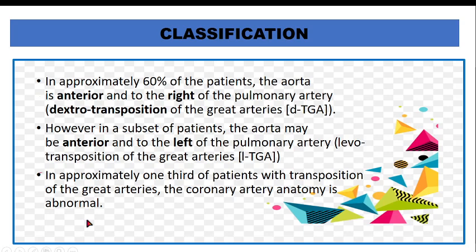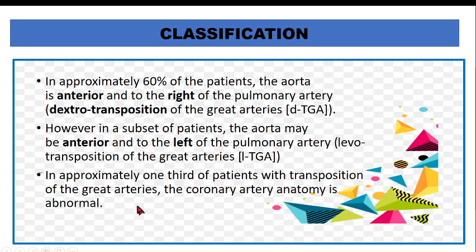What is the coronary artery? It is the first branch of the aorta, the first branch arising from the aorta, the right branch, the left branch, and then further branching. This gives oxygenated supply to the myocardium and other layers of the heart. Now 1/3 of the patients will have abnormal anatomy of the coronary artery.